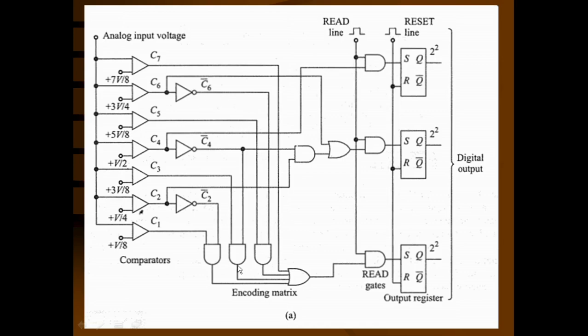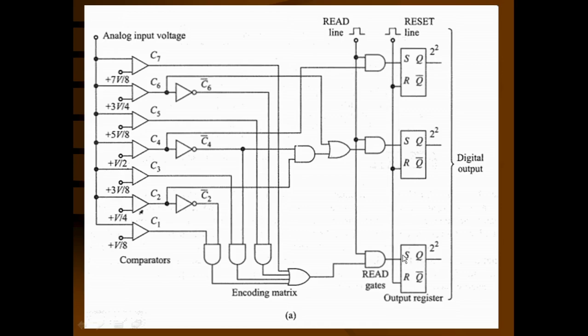All these outputs are inputs for the OR gate. That is three AND gates and a 4-input OR gate. The first output is from this one, the second from this one, the third from this one, and C7 is the fourth input, and that is given to the read-in gate for the 2 raised to 0 bit.